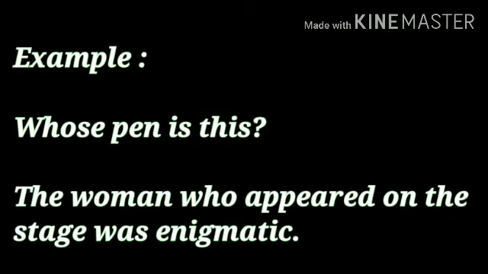Who, whom, whose, whoever, whomever, which, whichever, that, what, and whatever are relative pronouns. Now, let's have a look at a few examples. Whose pain is this? The woman who appeared on the stage was enigmatic.